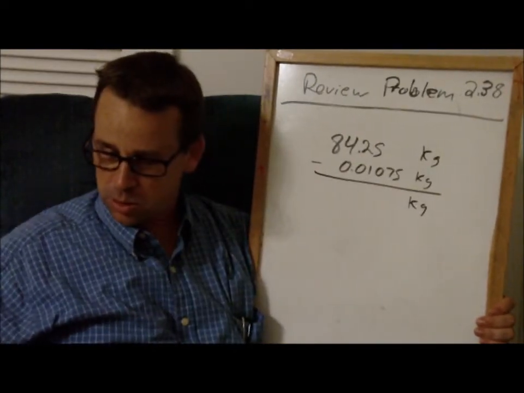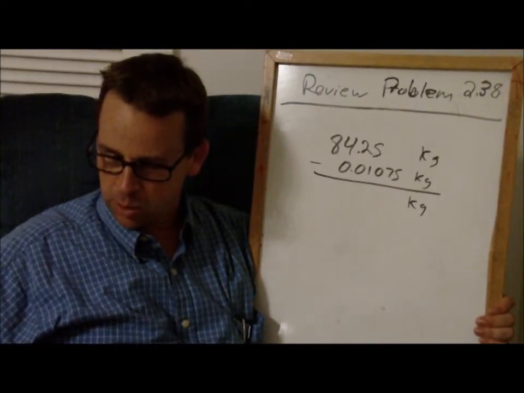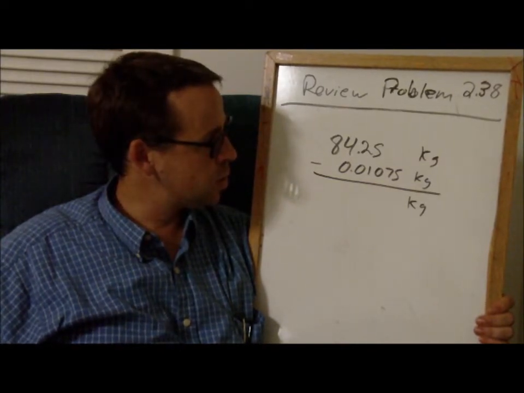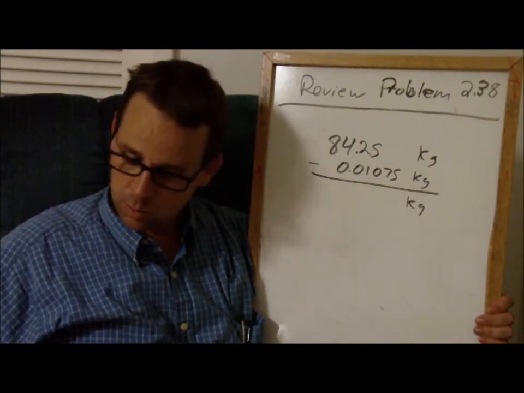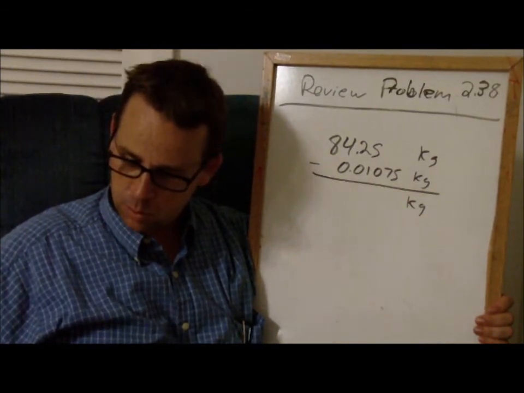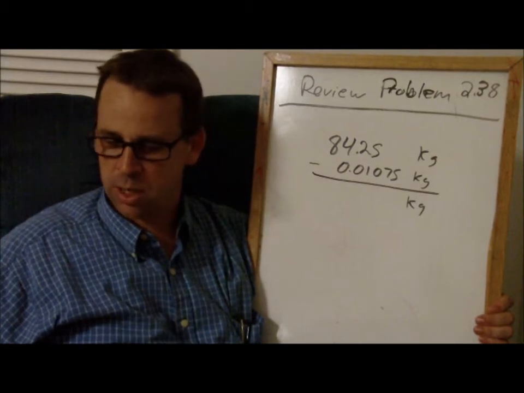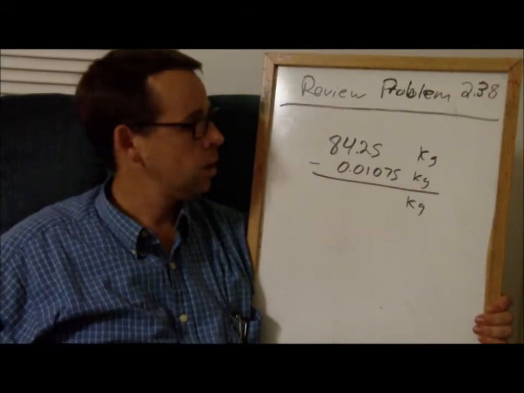We can do this on our calculator. 84.25 minus 0.01075. The answer is 84.23925.